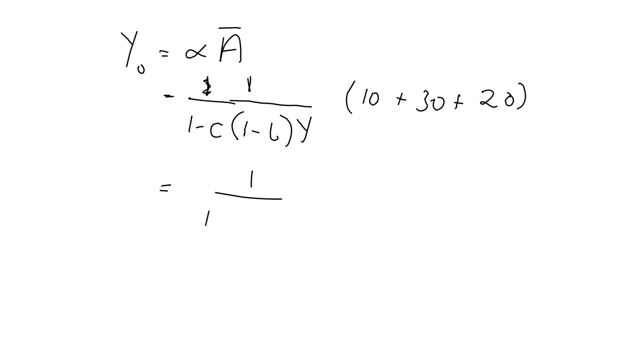Right, so let's populate this. It's 1 minus 0.6, and our tax there is 1 minus 0.167. There's no y in this case, we left it out, so I'm just going to take this out completely.